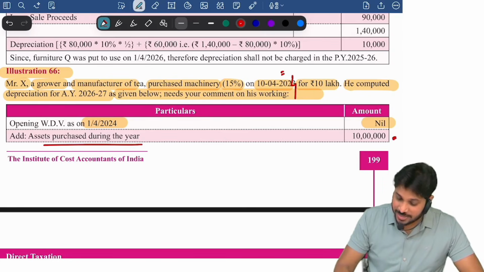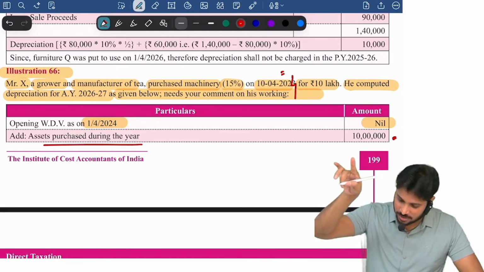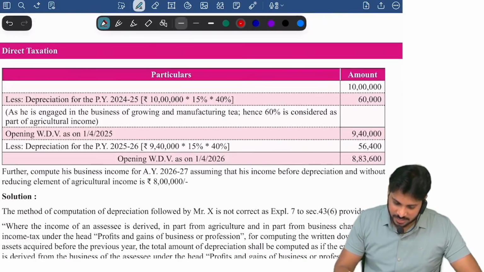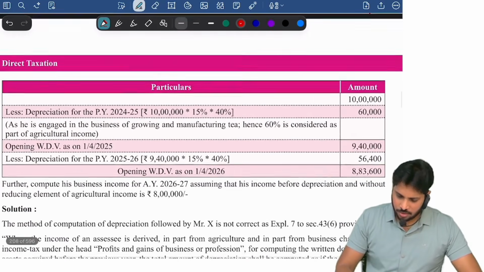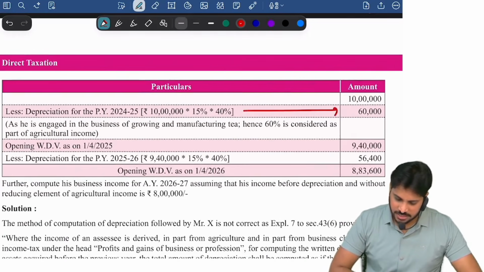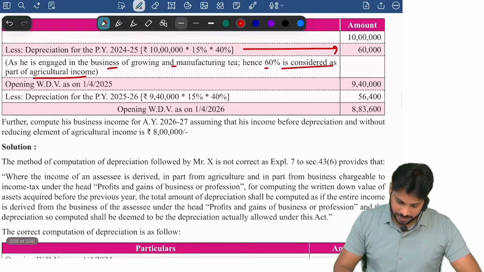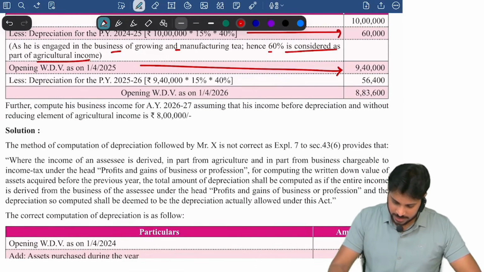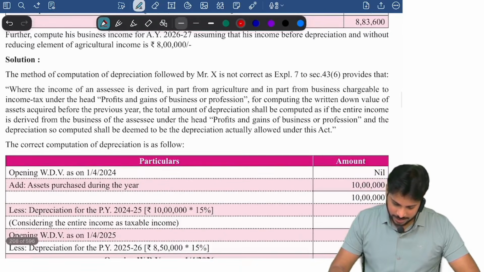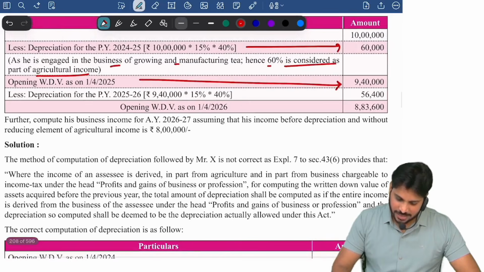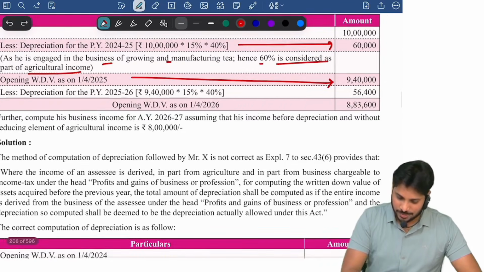Asset purchased during that year, 10 lakhs. Then less depreciation for that year. Only 40% he reduced as depreciation, 60,000. As he is engaged in the business of growing tea, 60% is considered as part of agriculture income. Then opening value is 9,40,000.